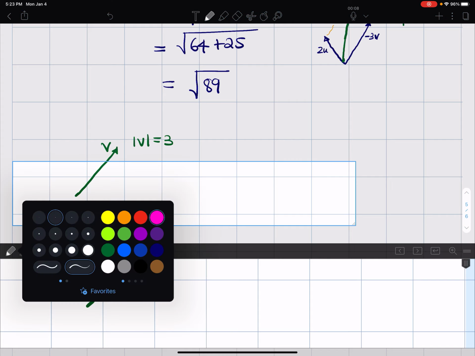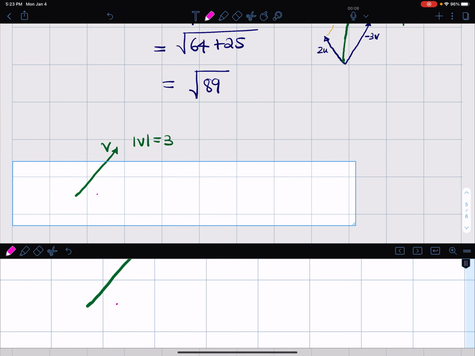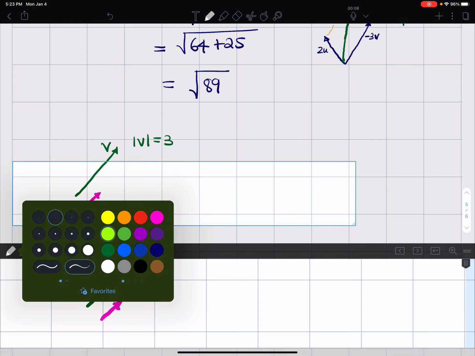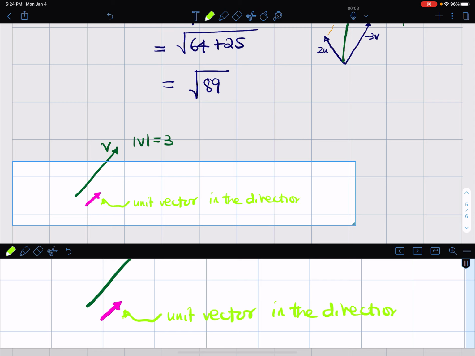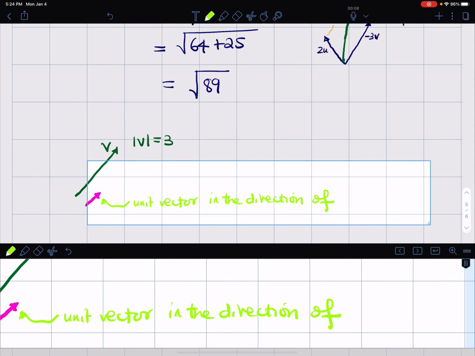Let's make it a pink vector. So this pink vector is the unit vector in the direction of v.